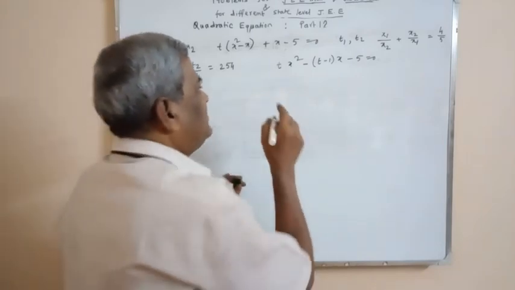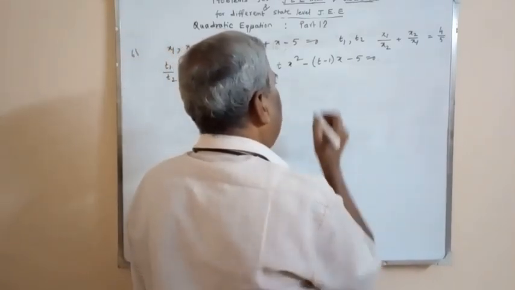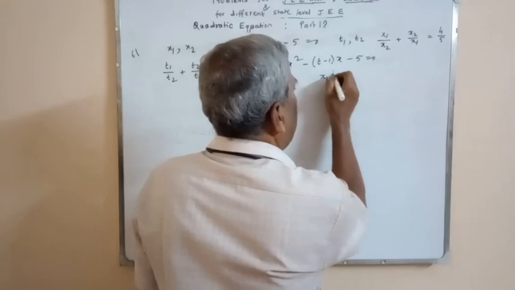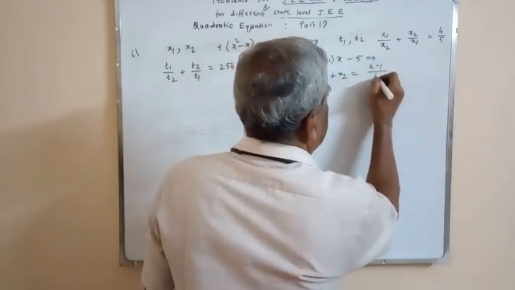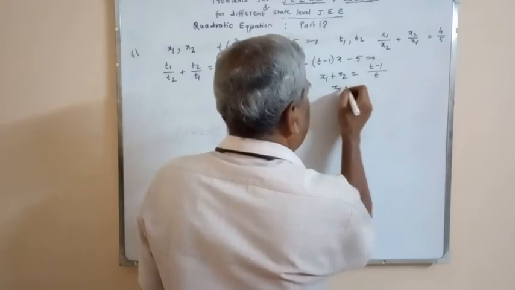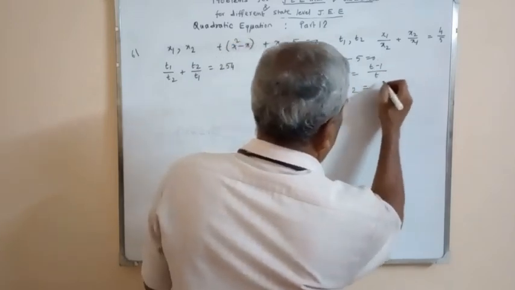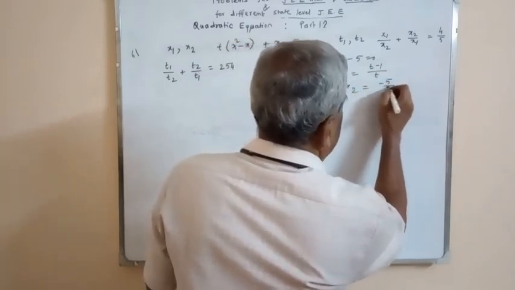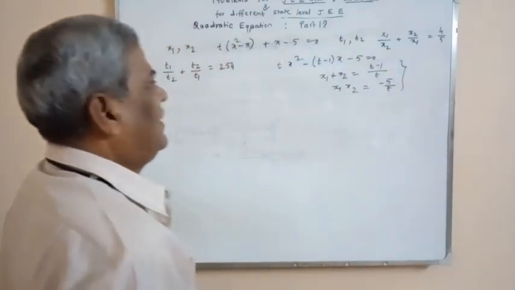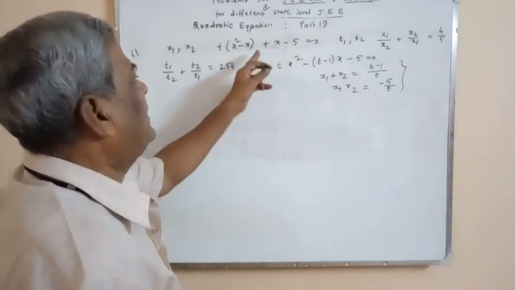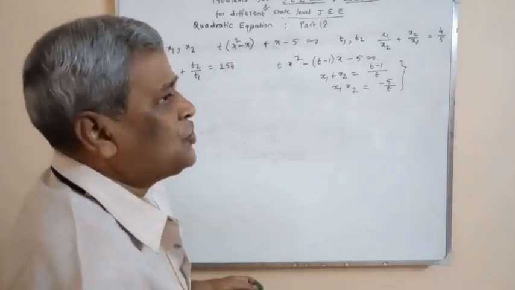Its roots are x1 and x2 given. So we have x1 plus x2 is equal to t minus 1 by t, and x1 x2 is equal to minus 5 by t. This is about the given quadratic equation.